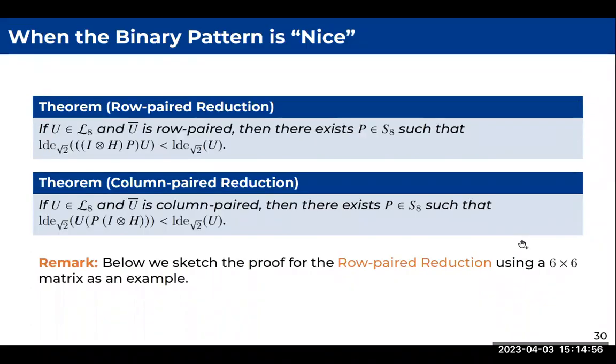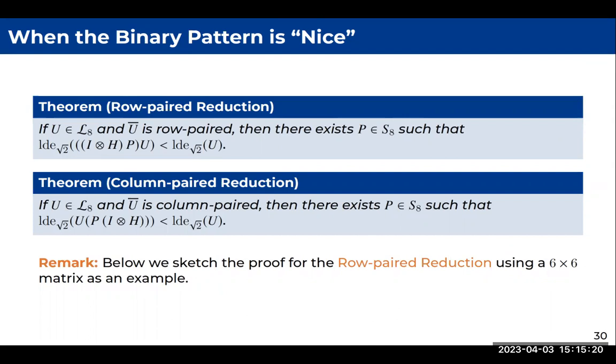Now, why do we need this? Because we discovered that when the binary pattern is nice, there is a very convenient way to apply the I-tensor Hadamard gate on the left-hand side of the U or on the right-hand side, depending upon whether it's row paired or column paired, such that you can reduce the LDE of the unitary strictly by 1.